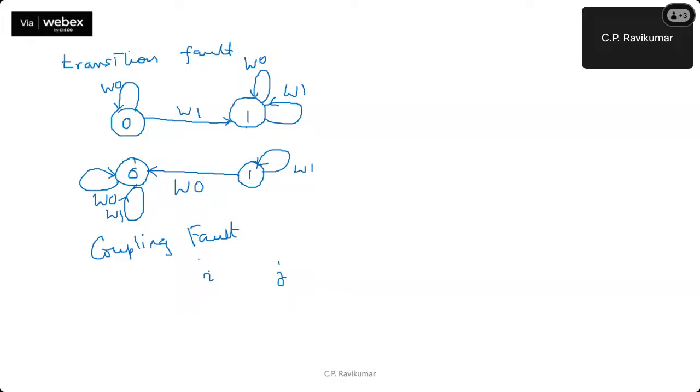If I try to write something to cell I, J may go to a definite state. For example, it may go to logic 1 state. So trying to write to I, that means let us say we are causing some sort of transition. Maybe I is going from 0 to 1 or 1 to 0. The cell had a 0 and now we are writing a 1, or the cell had a 1 and we are trying to write a 0.